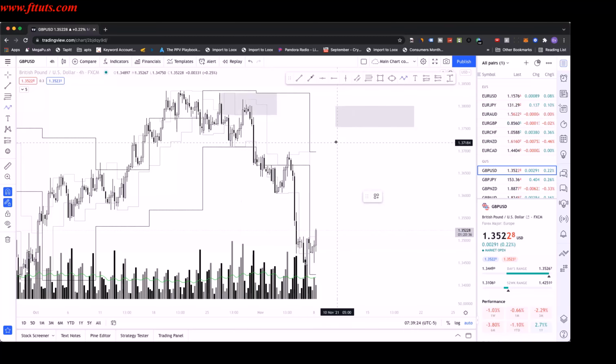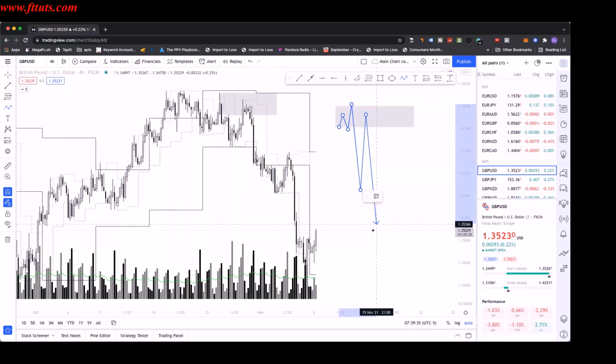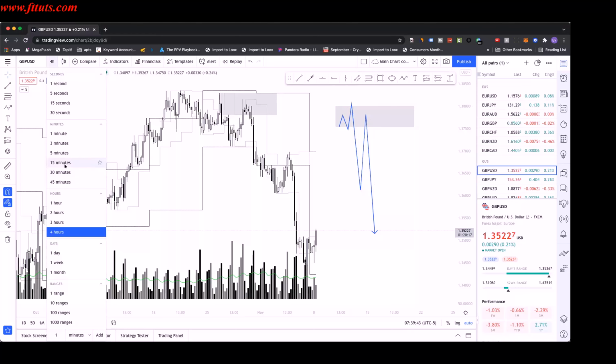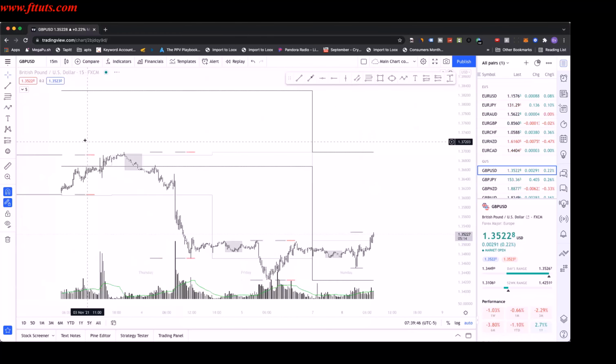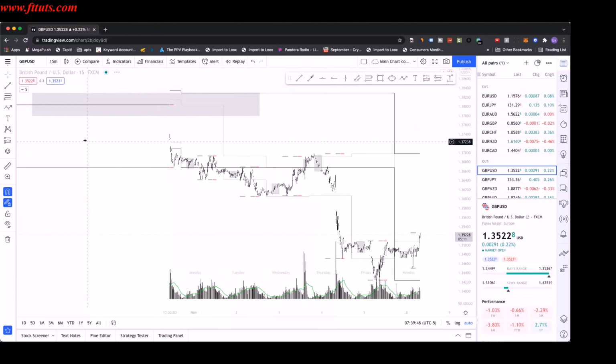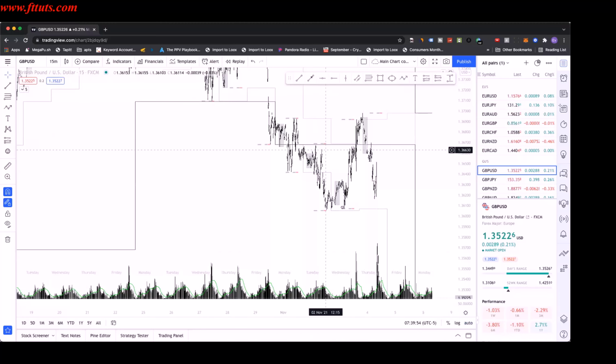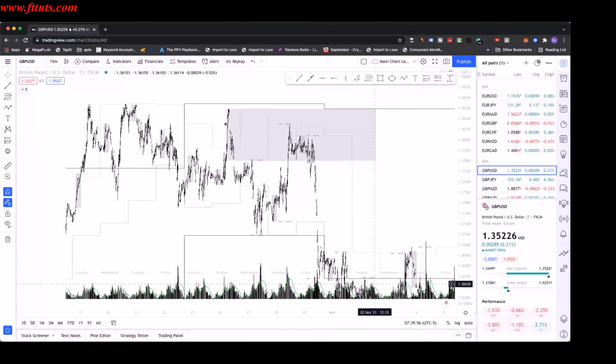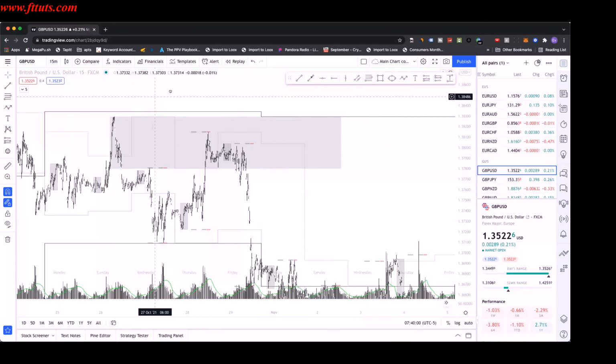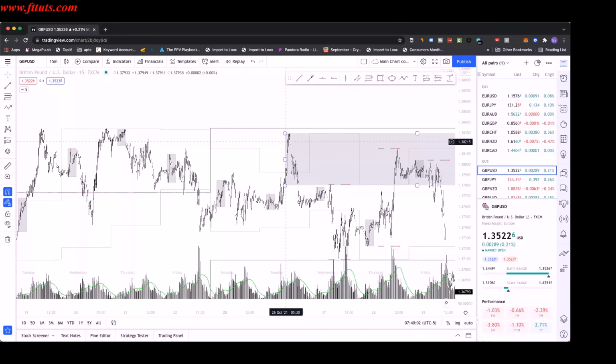So what I'm looking for inside this area is just my QM. That's what I'm looking for inside this. Let's go to M15. Okay, so you see how our QM happened here?